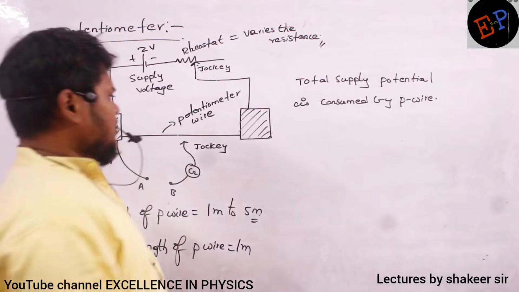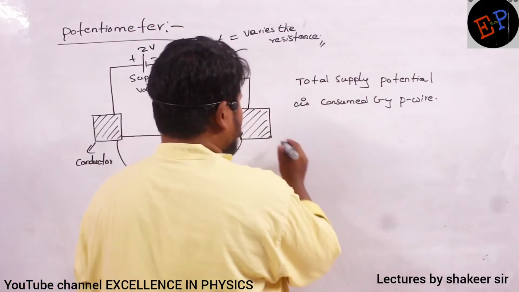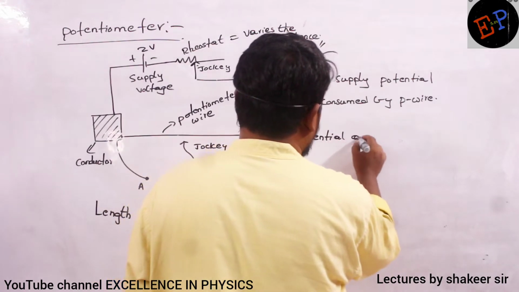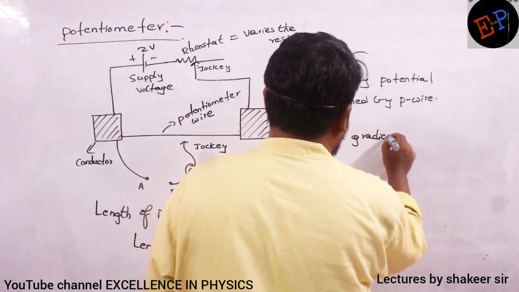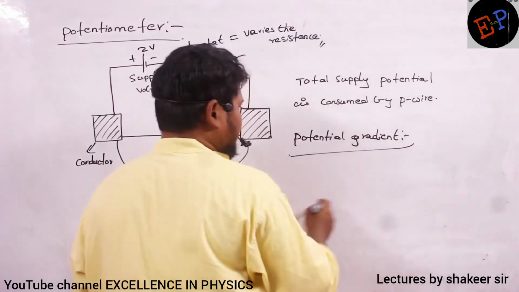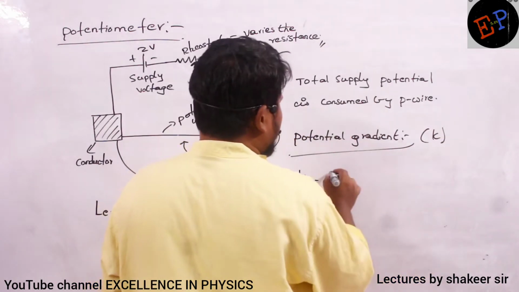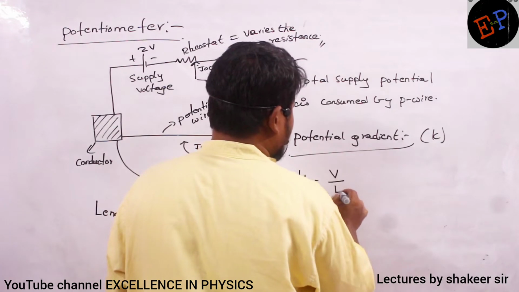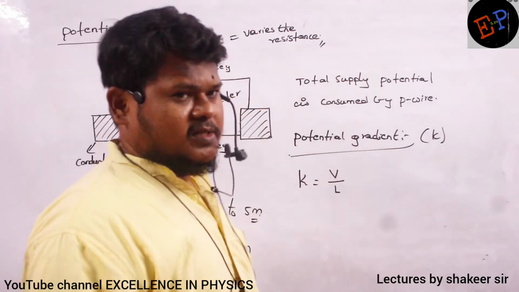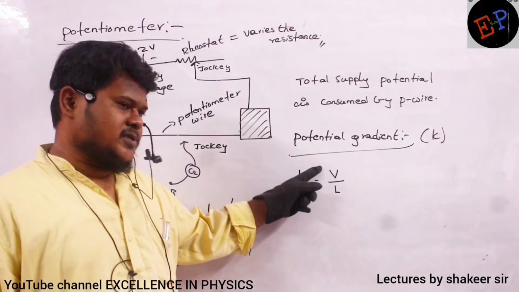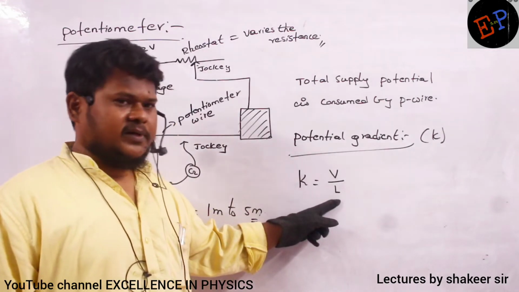Now we will study a term called potential gradient. It is given by the symbol K. What is meant by potential gradient? How much potential is consumed per unit length of the wire. K equals V by L, where V is the supply voltage and L is the total length of the wire.